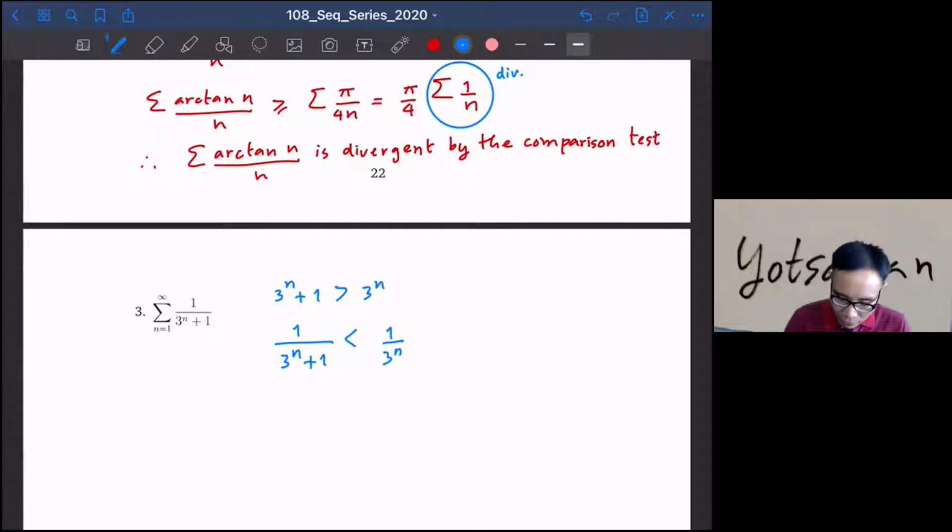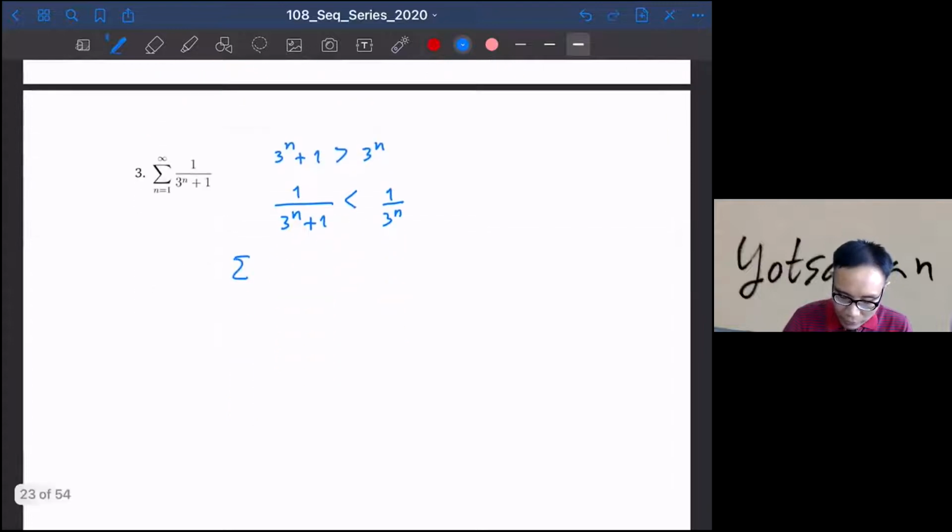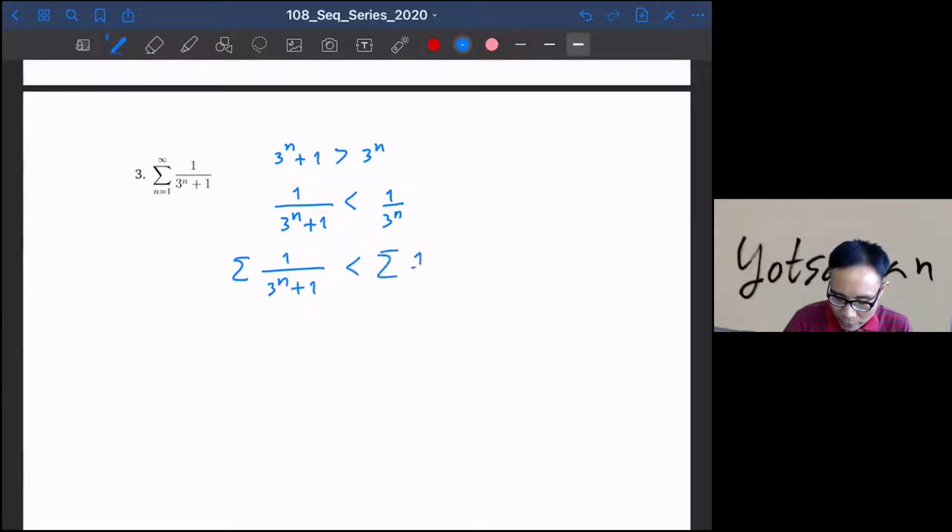Okay, so you have the series 1 over 3 to the n plus 1 smaller than the series 1 over 3 to the n.